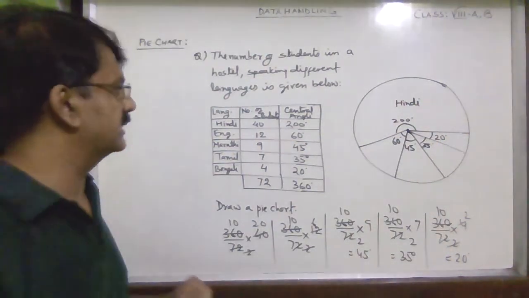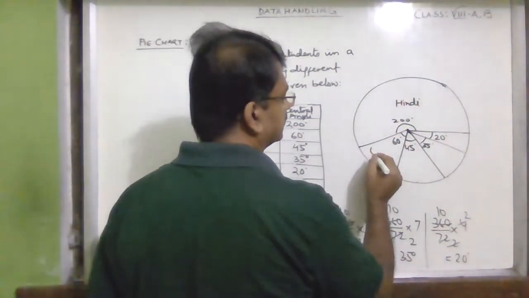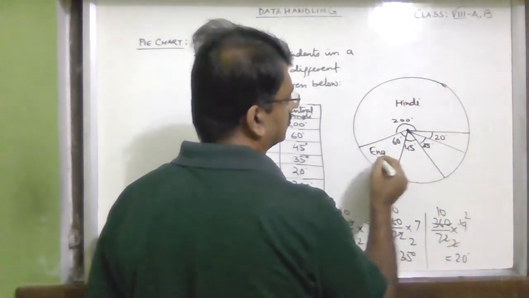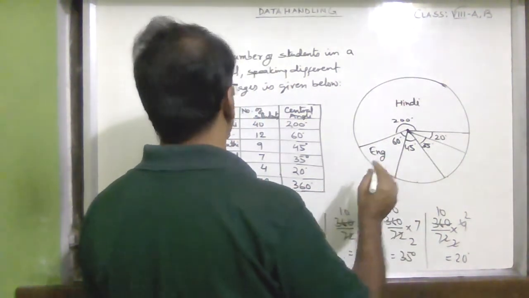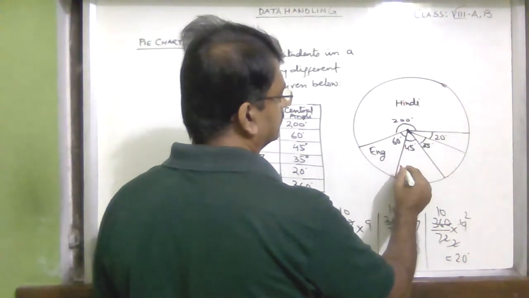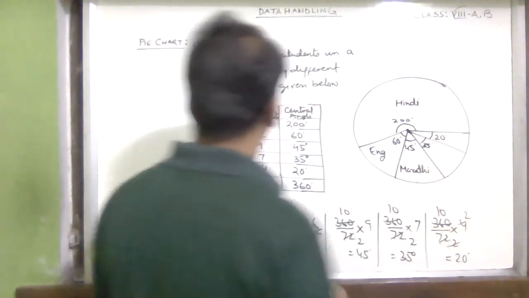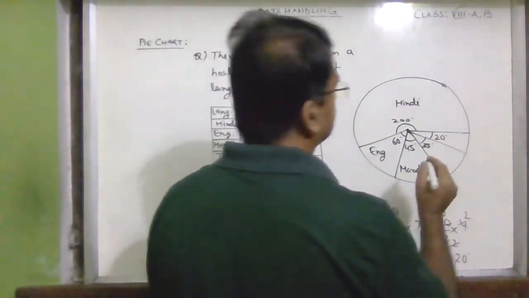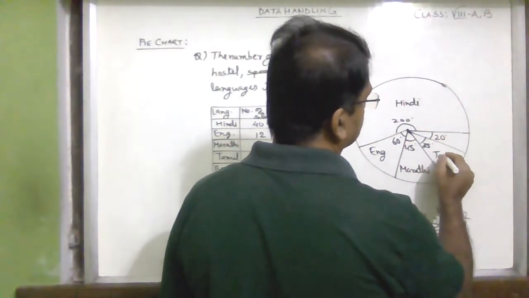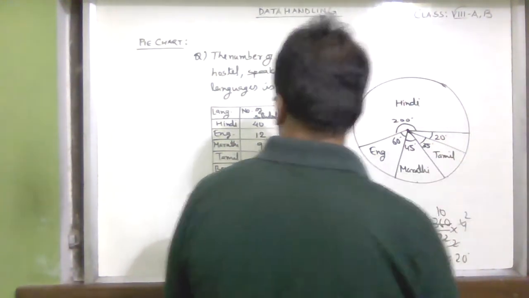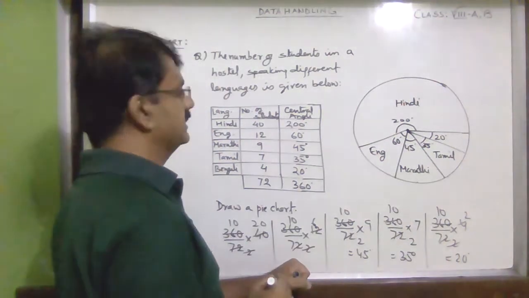The next one is English. Then the third one is Marathi. The fourth one is Tamil. And the fifth one is Bengali.